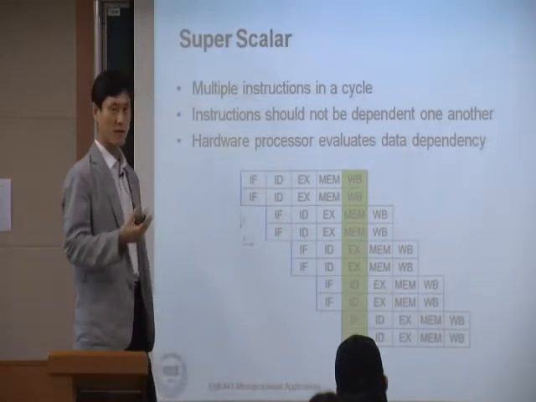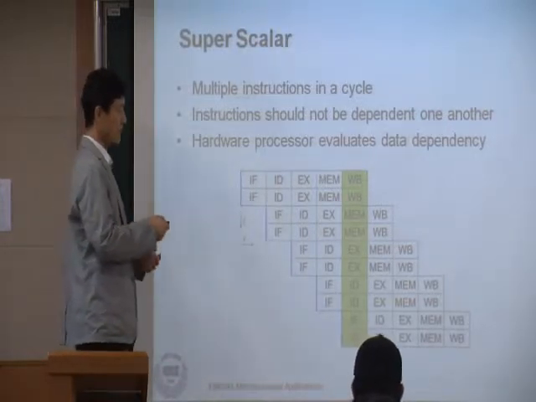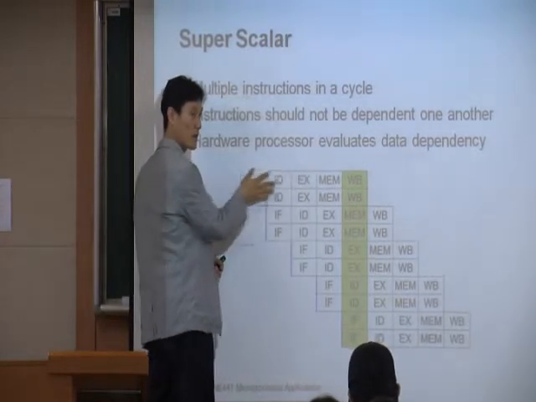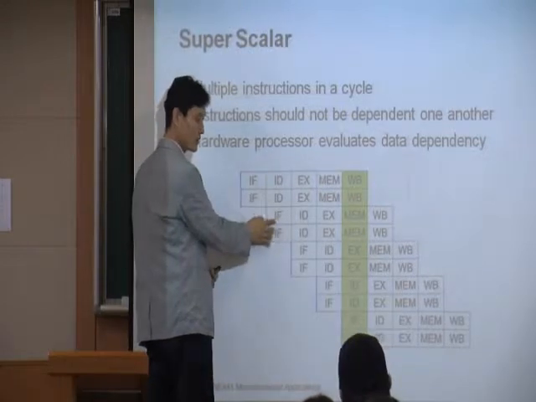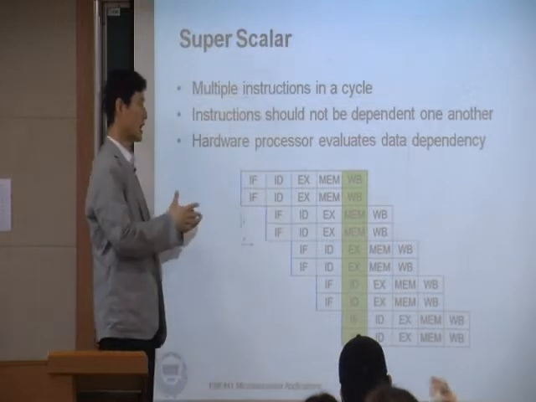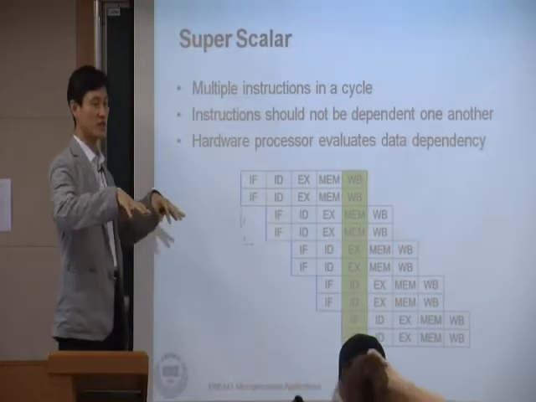That's a regular pipeline. But in this superscalar, what happens is you have 2 of them. You have two pipeline chains in the same stage, and another 2 in the same stage, 2, 2. So somehow this superscalar is the same as having 2 different hardware.